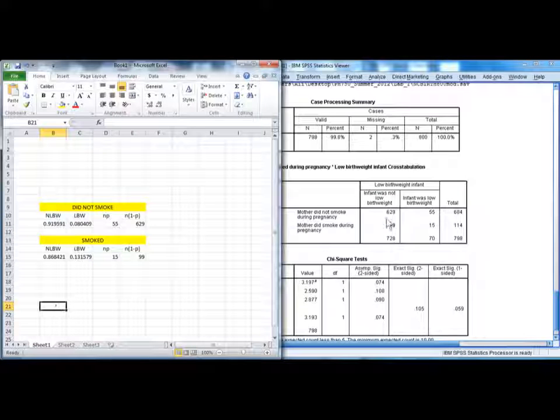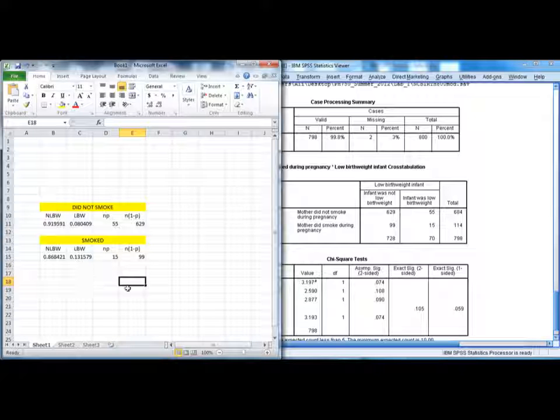And the proportion of babies who were not low birth weight, 629 over 684, or 1 minus p, which is here, 1 minus 0.080409. Now successes and failures, remember n times p is successes. We see 55 here, n times 1 minus p, 629. Now that is definitely greater than 5.